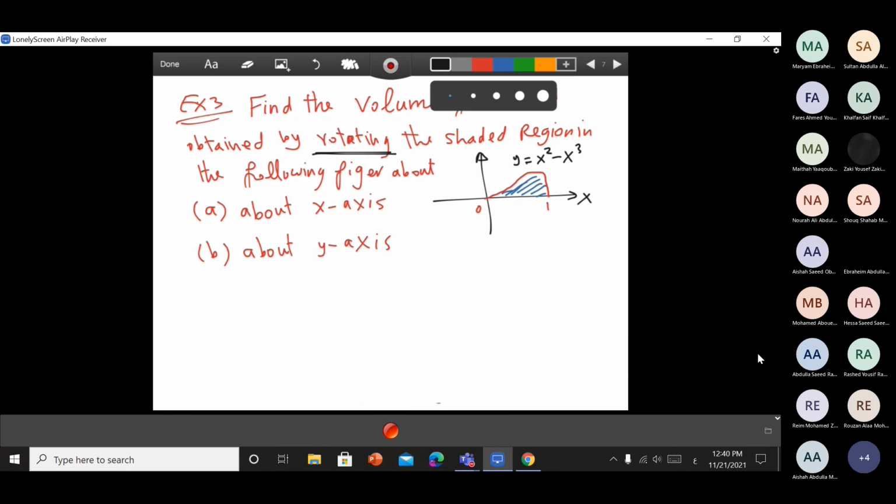It means this point stays as it is, right? This is really difficult for me to draw nicely. Okay.